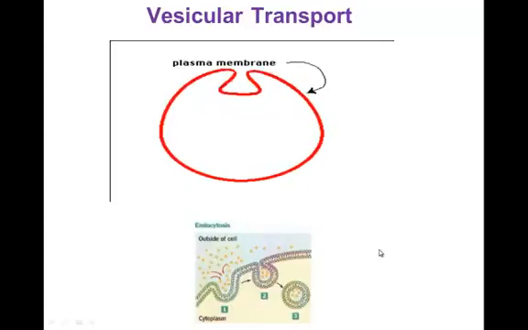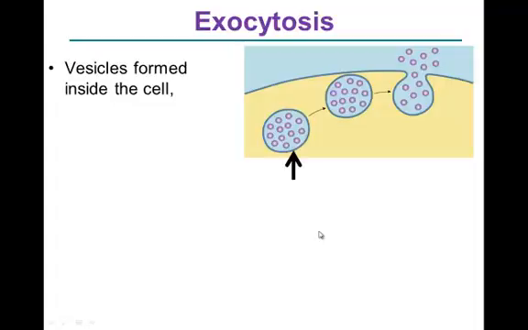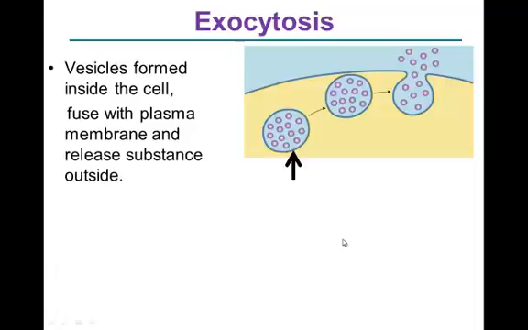The first being exocytosis. In that process, vesicles are formed inside the cell, shown by the first arrow, and these vesicles then fuse with the plasma membrane and release the substance outside the cell. And this is powered by ATP. So exocytosis is moving substances outside the cell.